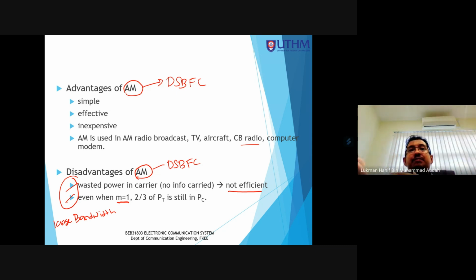But some other applications require less power usage. If the application needs less power usage, that means double sideband full carrier is not suitable. Or if the application needs a smaller bandwidth of transmitted signal, then double sideband full carrier is not suitable. So it depends on what kind of application you want to use.